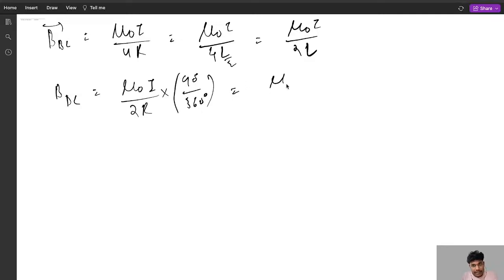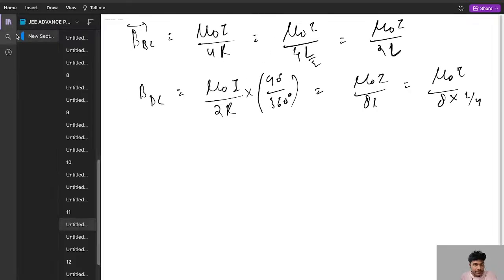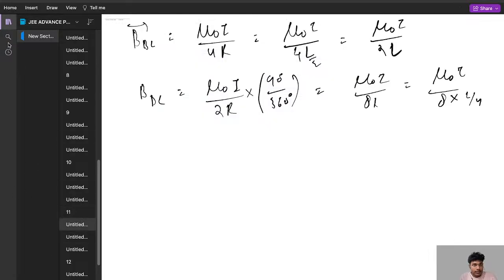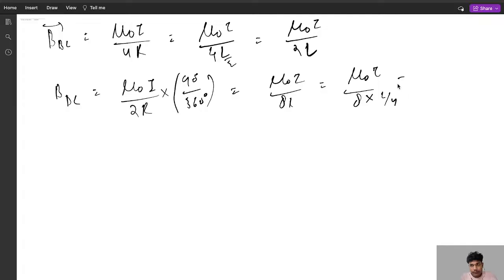So from here we get mu naught I upon 8R. Okay, that is equal to mu naught I upon 8 times R, that is R is equal to L by 4, I think. Here what is the radius? L by 4, right? So we put L by 4, and from here we get mu naught I upon 2 times L.